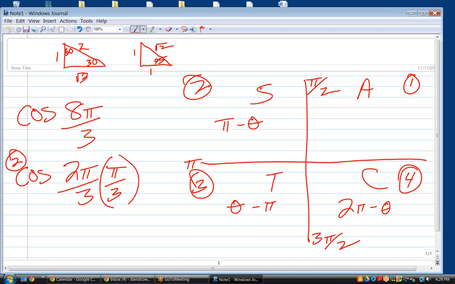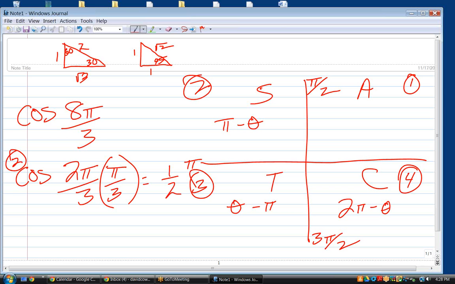So, what's the cosine of 60 degrees? Using your reference triangles. 1/2. And what is its plus or minus sign?